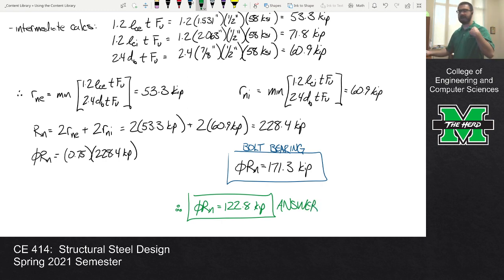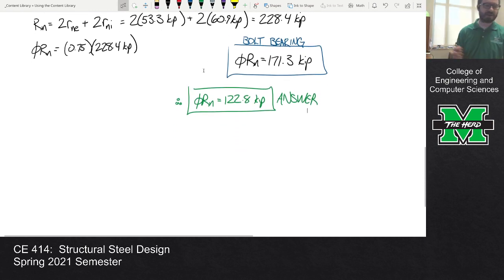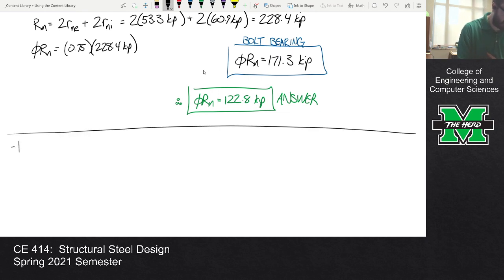And then, because we're running short on time, I'll do the connection layout stuff, but that's really easy. So for the connection layout, or the layout requirements, we know that for this connection, S is 3 inches, and we have an edge distance of 2 inches.